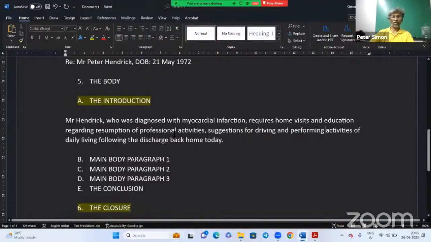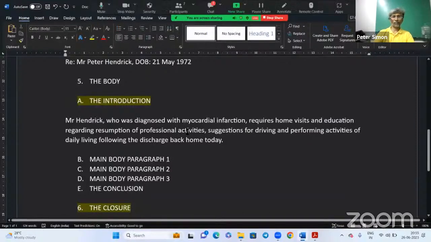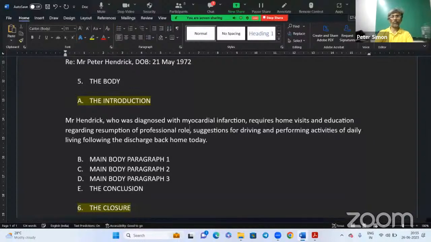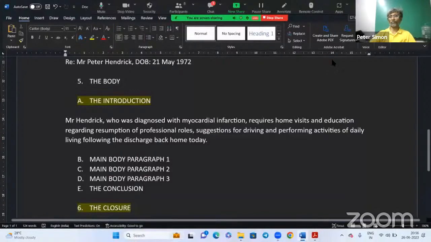Okay, here we can change professional, professional roles. Change anyway you can. Regarding resumption of professional roles, suggestions for driving and performing activities of daily living following the discharge back home today. Yeah, we can modify accordingly.